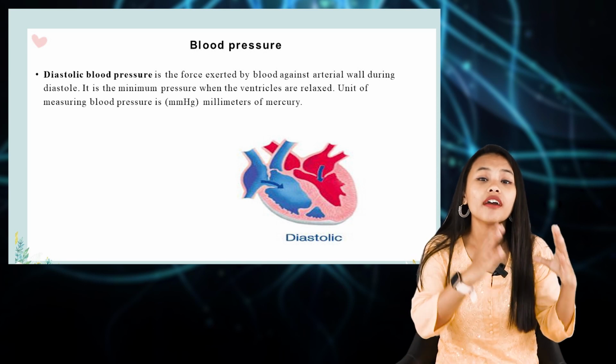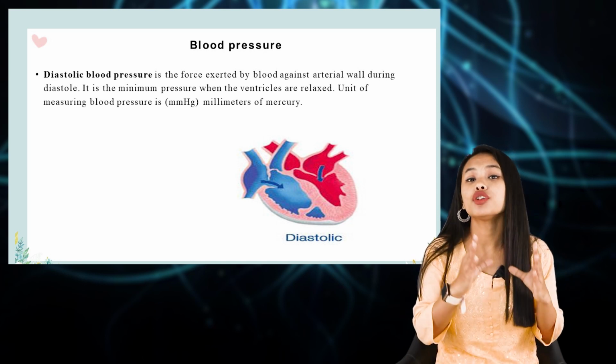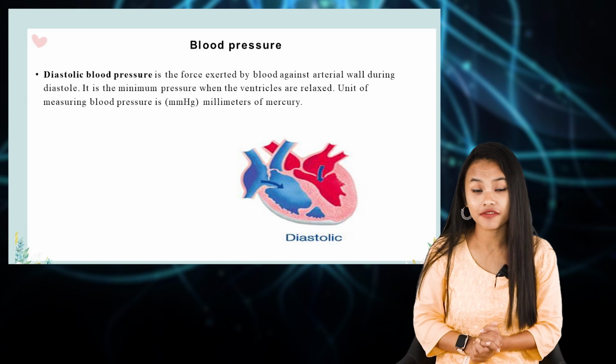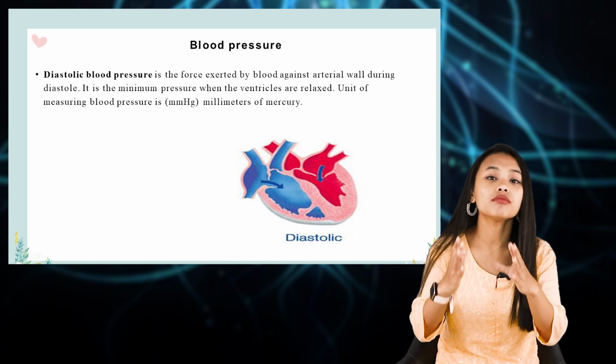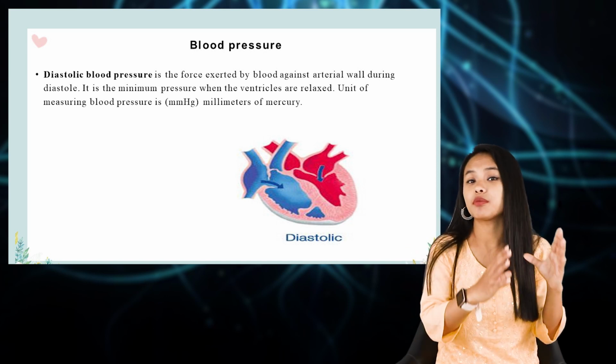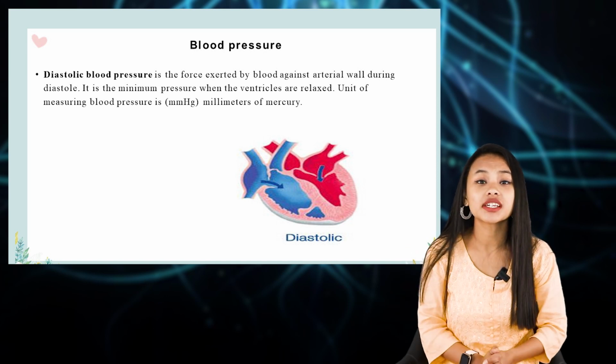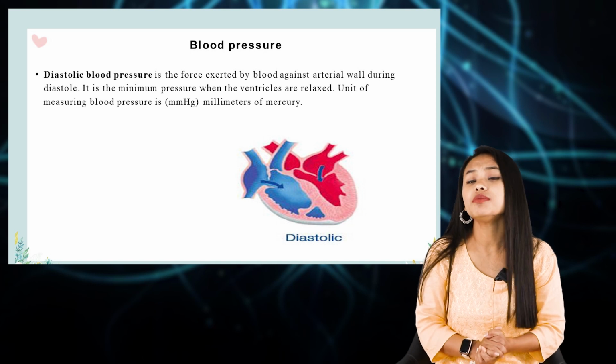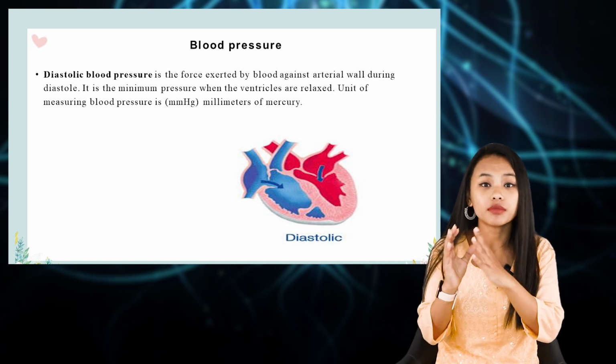And whenever you assess and record the blood pressure of an individual, it is necessary that you also write the unit. The unit of blood pressure is mmHg, which means millimeter of mercury.